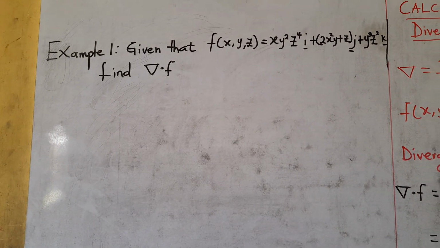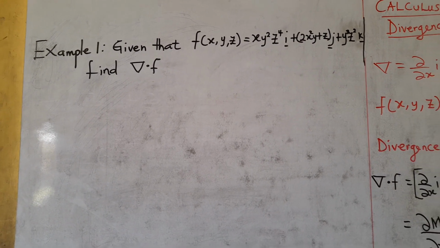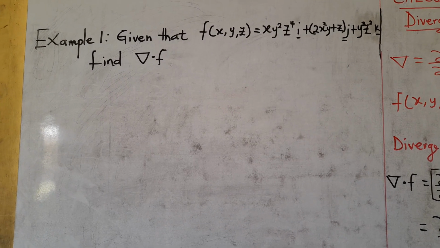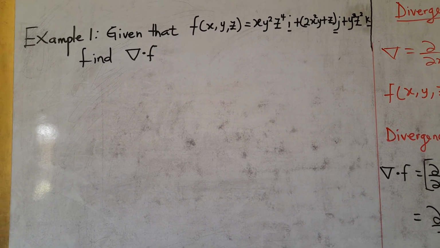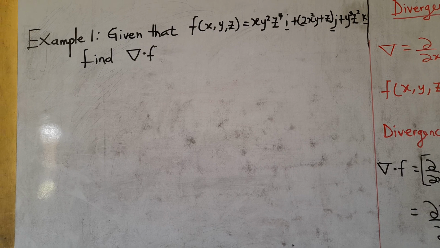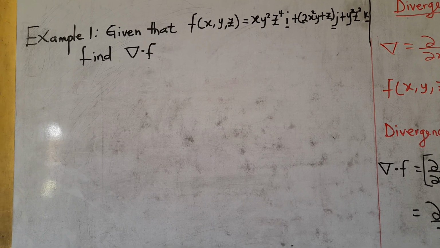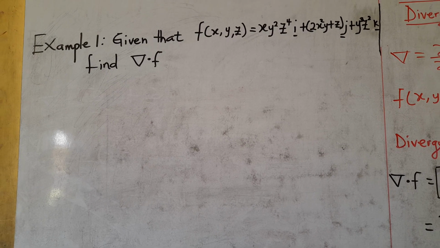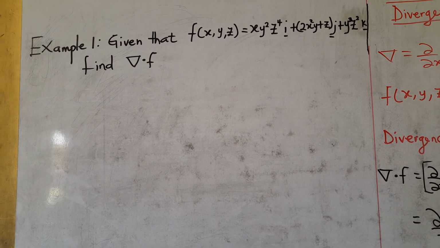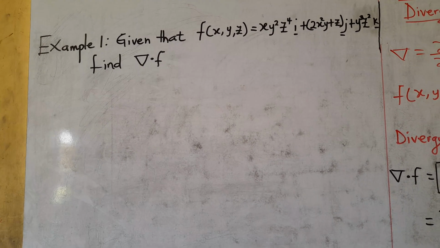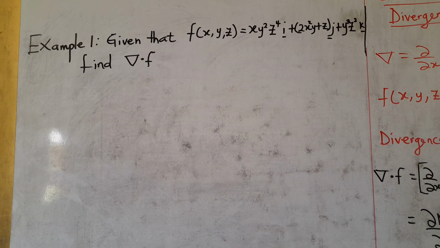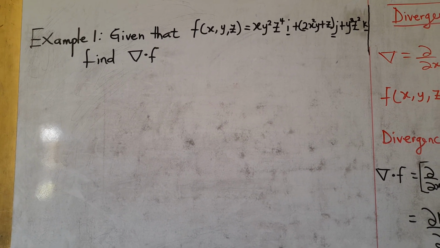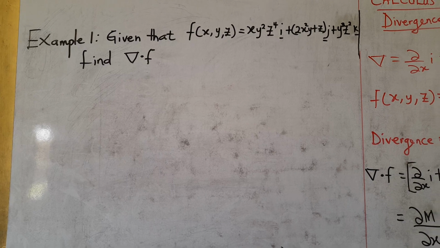They say, given that F is a vector field depending on three variables x, y, and z, equal to x y squared z to the power 4 in the i direction plus 2x squared y plus z in the j direction, then plus y cubed z squared in the k direction, we should find the differential operator dot the vector field.